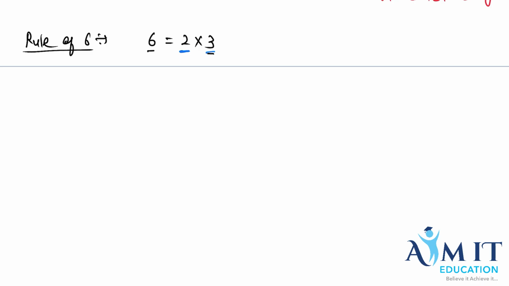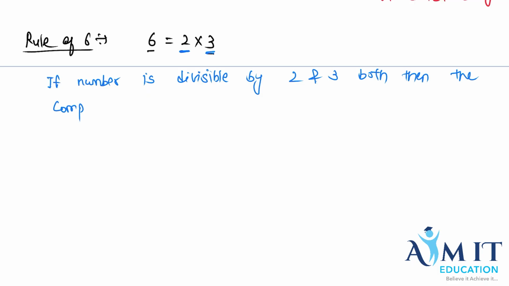If a number is divisible by both 2 and 3, not just one, then the complete number is divisible by 6.